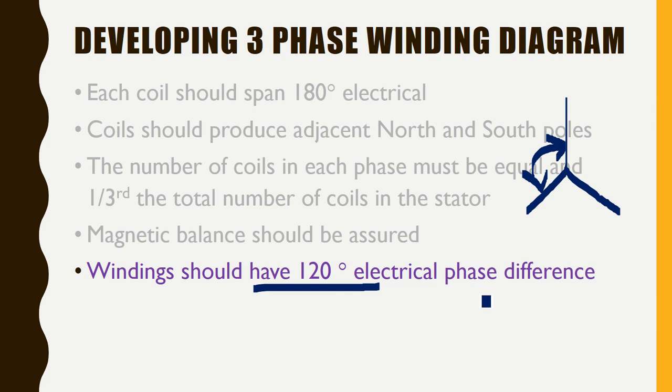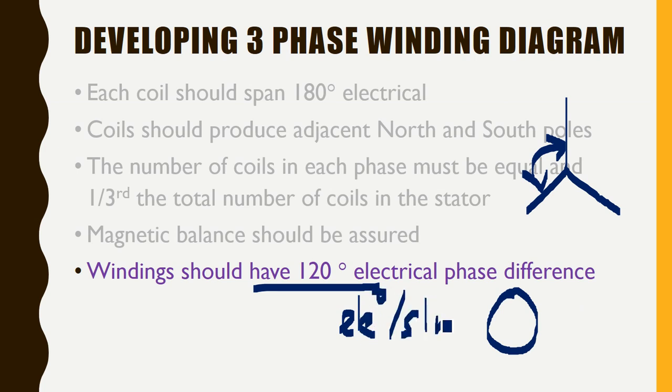For that, we calculate the total electrical degrees in the machine, and then the electrical degree per slot. Suppose it is 30 degrees per slot. So 30 into 4, we will get 120 degrees.